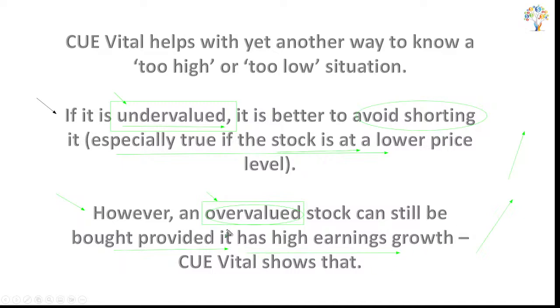Both of them allow me to buy a stock even if it is overvalued. So these two cases are not mirror image of each other. And whether it is undervalued or overvalued, or whether it has high or increasing earnings growth, Q Vital shows all of that in real time. I use that also in my trading decisions and I profit from that.